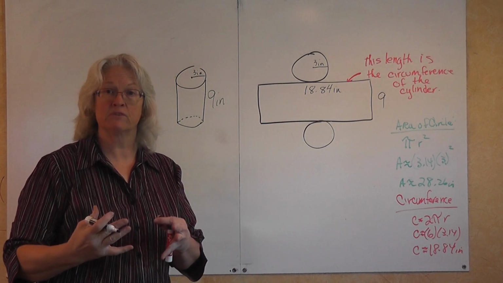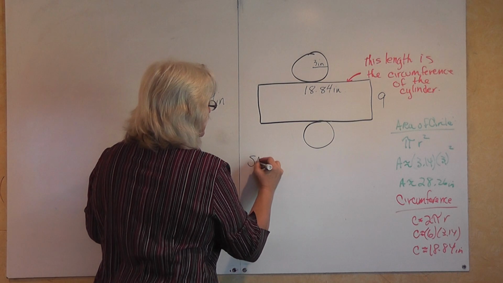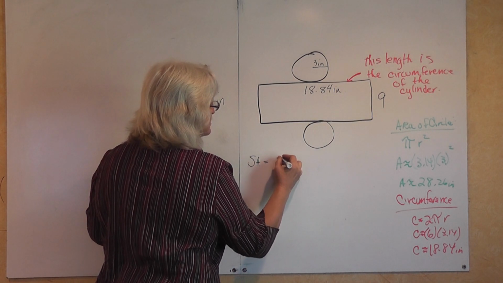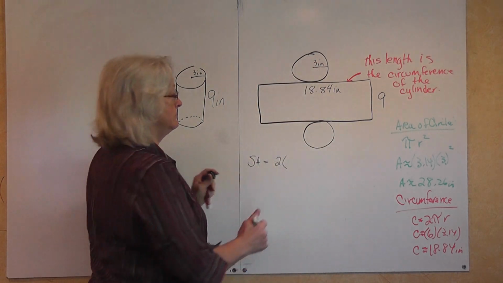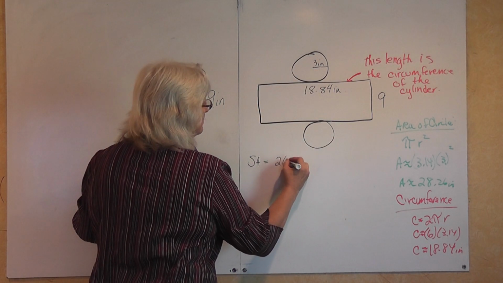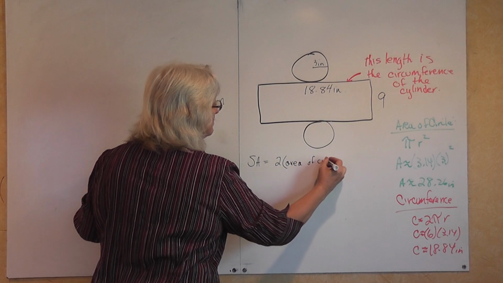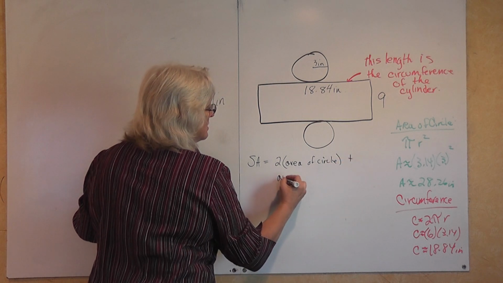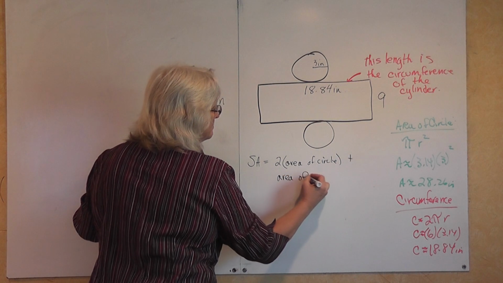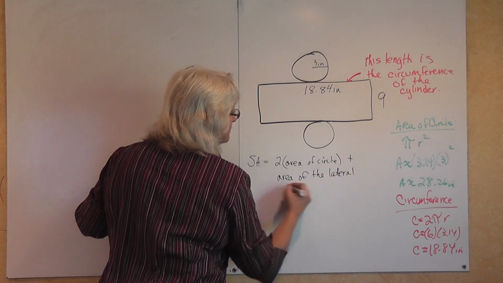So now, what's our surface area of this cylinder going to be? The surface area is twice the area of the circle, plus the area of the lateral surface.